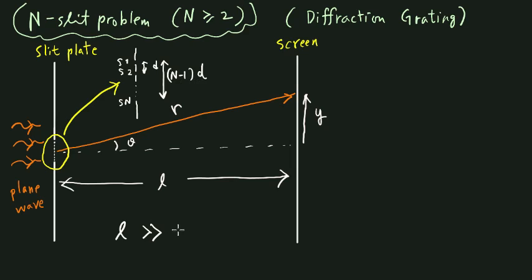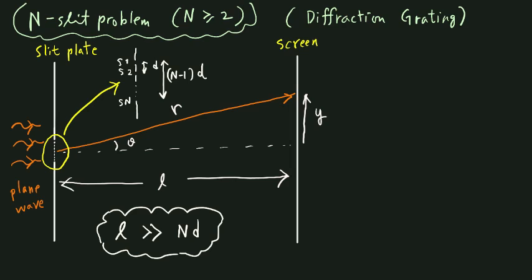For the sake of simplicity, we will just assume that size is approximately n times d, and the difference between this and that is not that important as far as this scattering assumption is concerned. So we will assume that L is much greater than n times d. Okay, so that's the basic setup here.